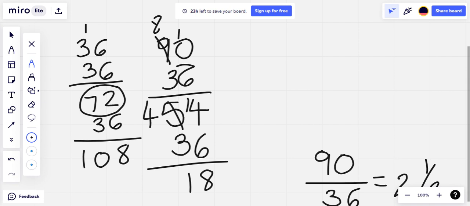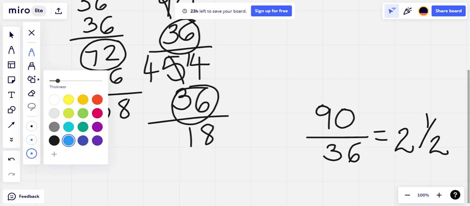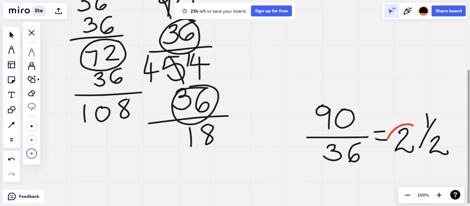Now, if you notice, we have 2 thirty-sixes right there, right? That's how we actually get this 2. Let me just highlight it for you right there. Yes, that's how we get this 2. And then now the fraction has to do with what is left, the 18 that is left out of the 36.